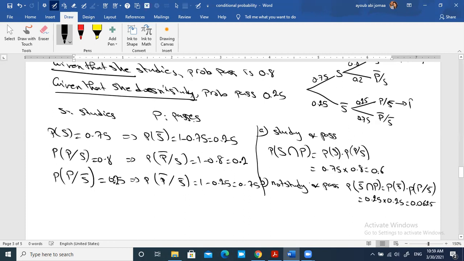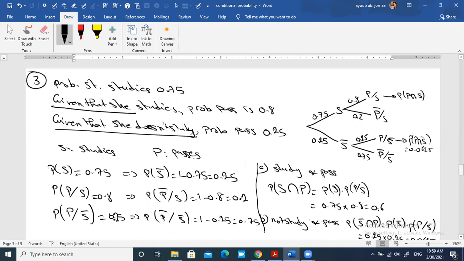The probability here P intersection S bar is 0.0625 وهاي طلعت مع 0.6.